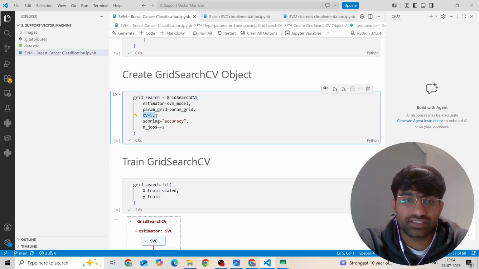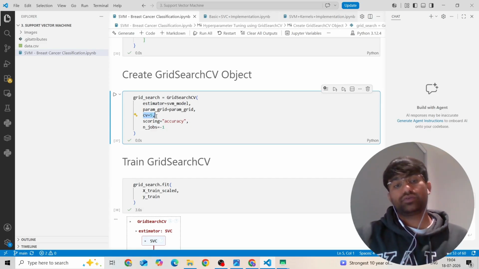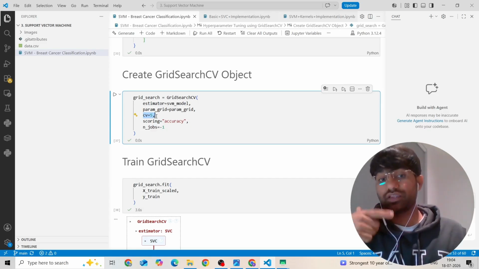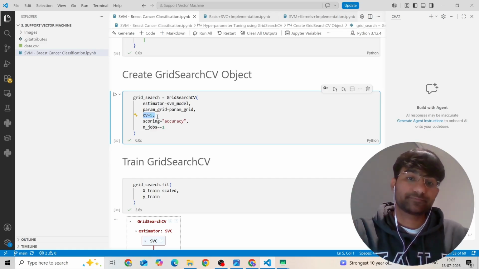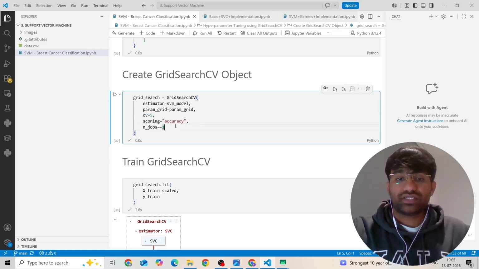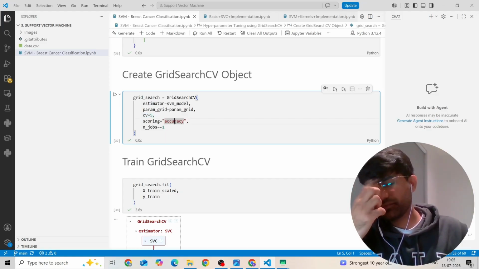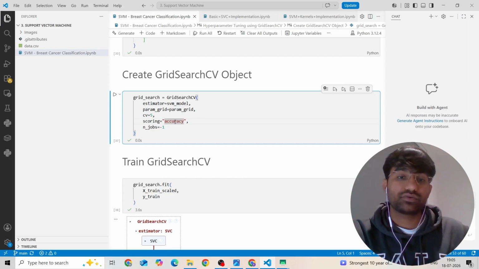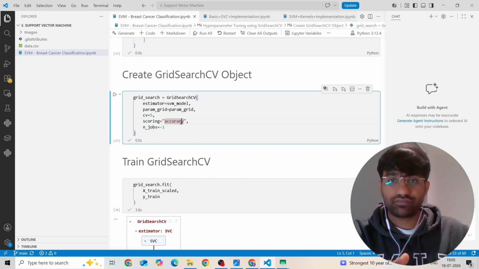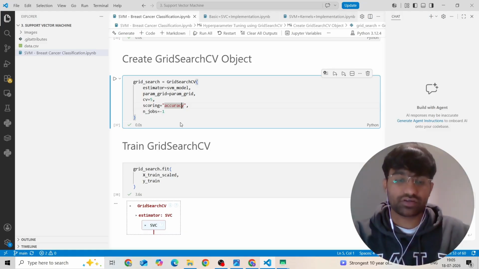And cross validation. See, I have mentioned cross validation is equal to 5. So you have to train 5 times and evaluate those results. And the scoring I have chosen is accuracy. You can choose ROC, precision, recall, or F1 score. I have chosen the overall accuracy of the model because I am not mainly focusing here on performance metrics.